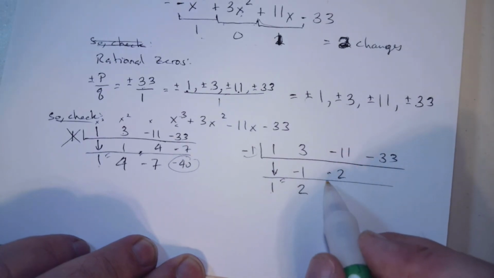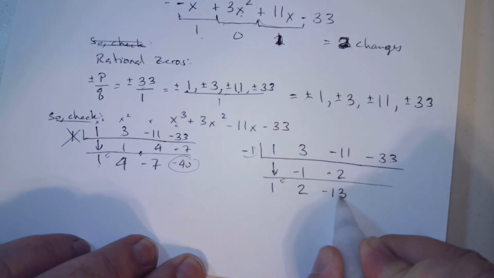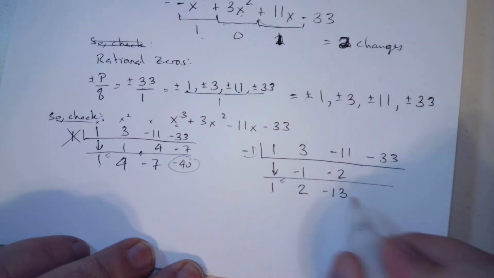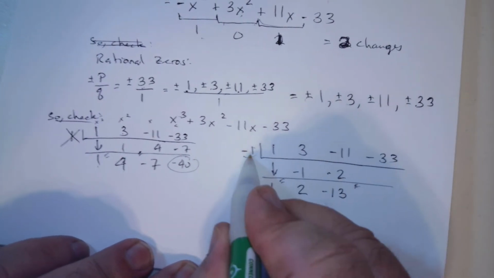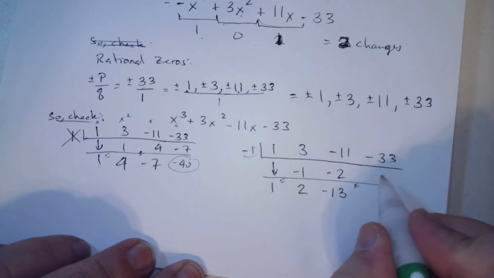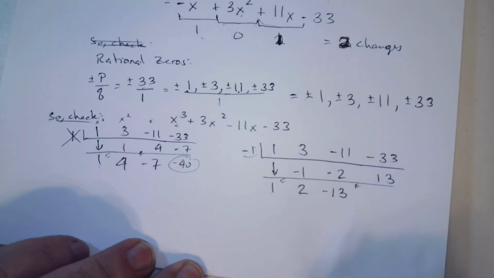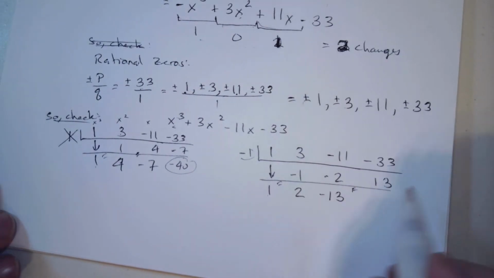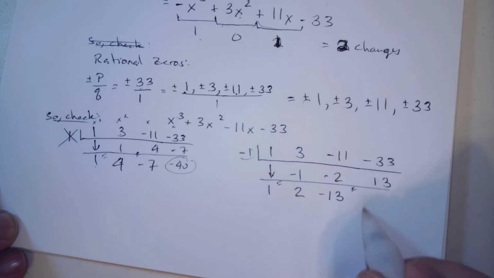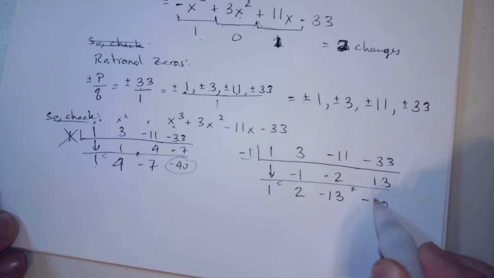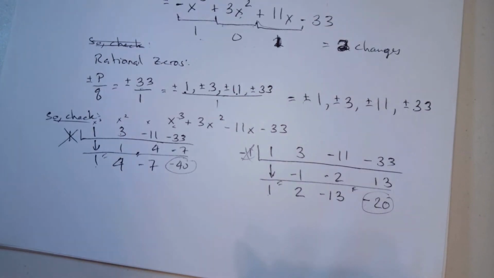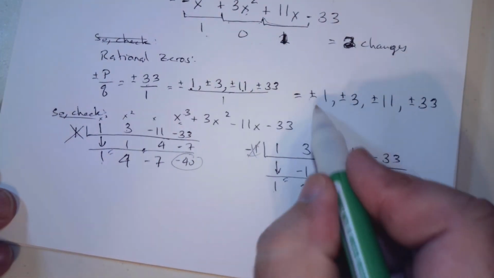Negative 11 plus negative 2 is negative 13. Negative 1 times negative 13 is positive 13. So 33 minus 13 is 20. That's not 0, so negative 1 is not the answer. Let's try the next one.